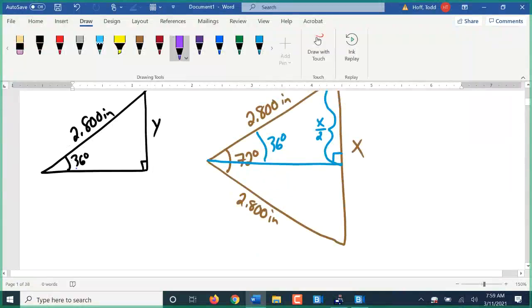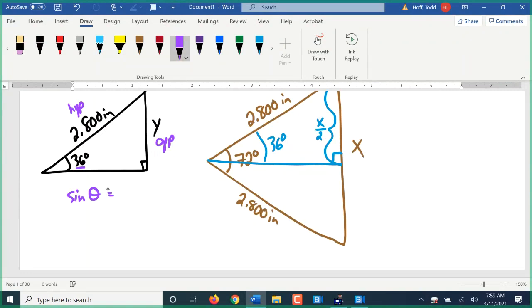Well, this is my angle of 36 degrees. The 2.8 is the hypotenuse. And y is the opposite side. So once again, we're hitting a sine function. Sine of an angle is opposite over hypotenuse. We plug in our 36 degrees as our angle. Our opposite side is what we're looking for, that side y.